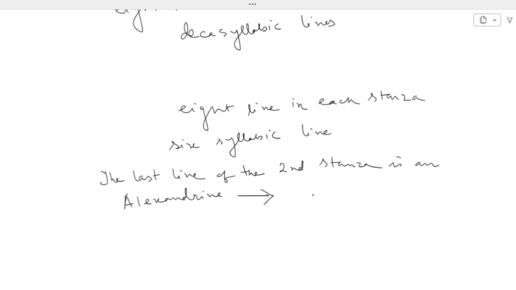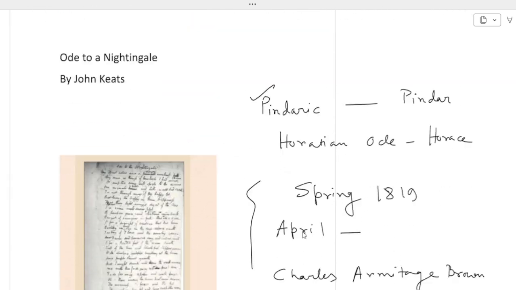What is an Alexandrine? A 12-syllabic line. And what does it suggest? The gradual disappearing of the bird into the forest dim. So the last line of the second stanza suggests the gradual disappearing of the bird in the forest dim. These are the general patterns of this poem, and there are 8 stanzas.